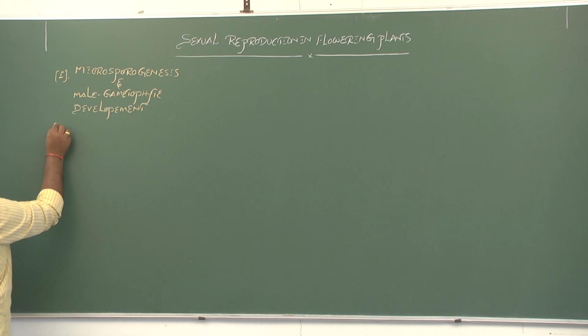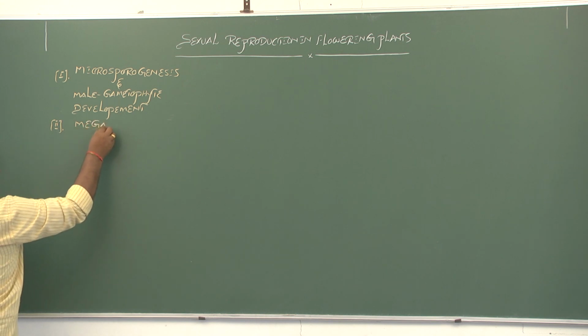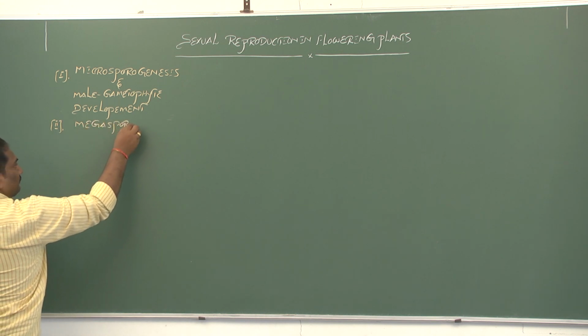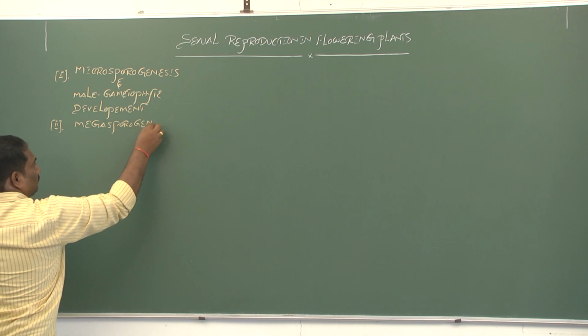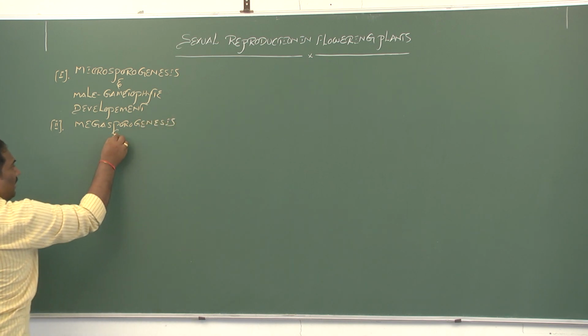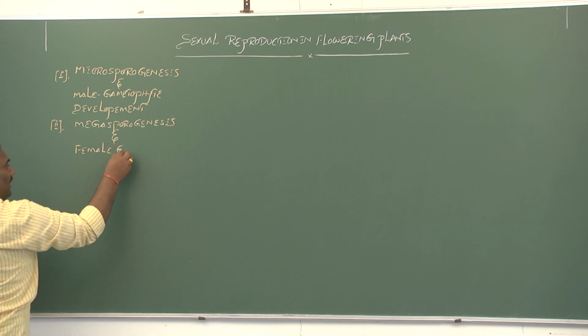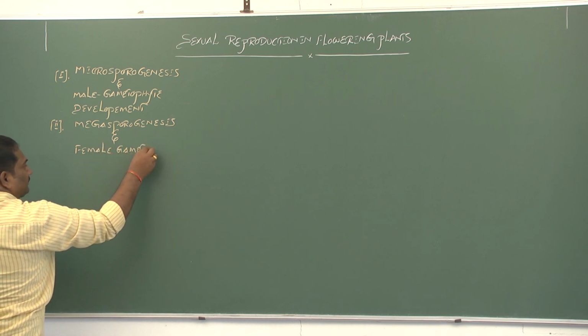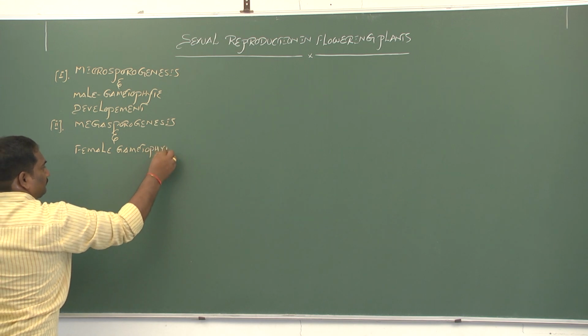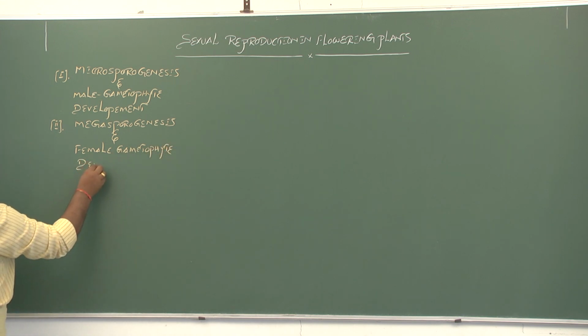Then the second subtopic in sexual reproduction in flowering plants is megasporogenesis and female gametophyte development.